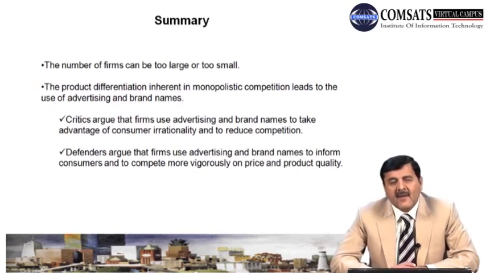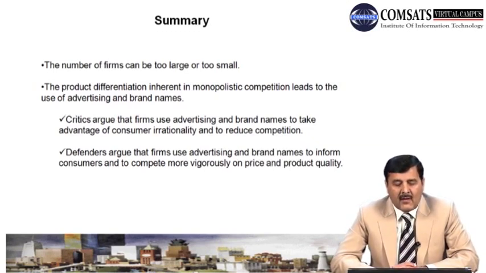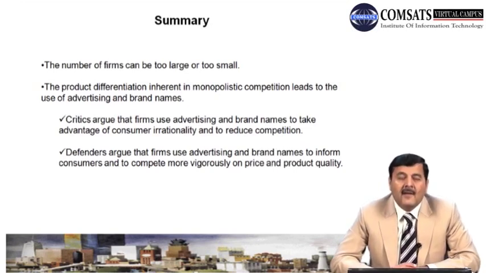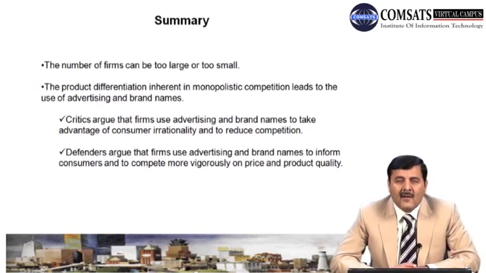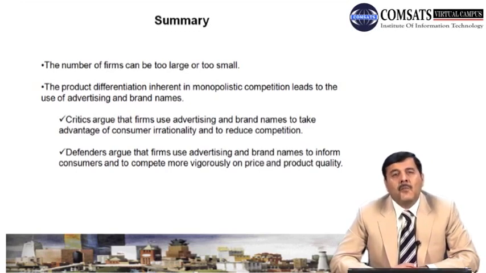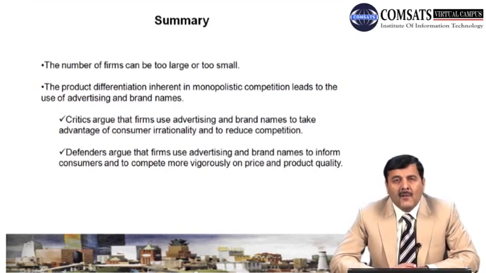So critics ये कहते हैं कि फर्म्स एडवर्टाइजिंग और ब्रांड नेम यूज़ करती हैं to take advantage of consumers irrationally and to reduce the competition, but in fact brands play a very important role, in case of a good brand you can sell more, you can earn more. Similarly, if you spend more of your budget on advertising, you can sell more of your product, you can get more revenue and you can get more profit.